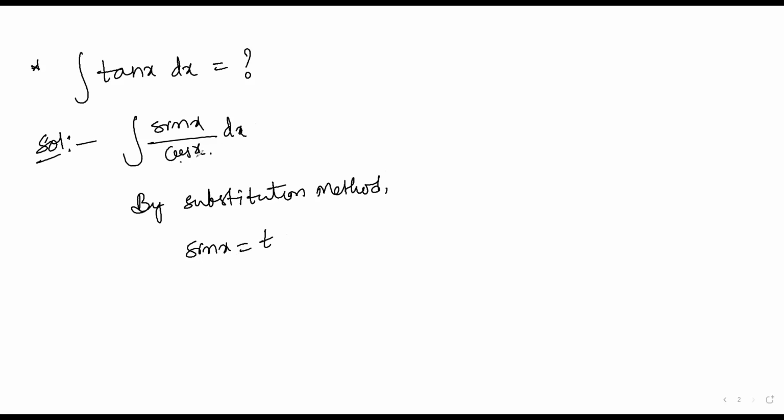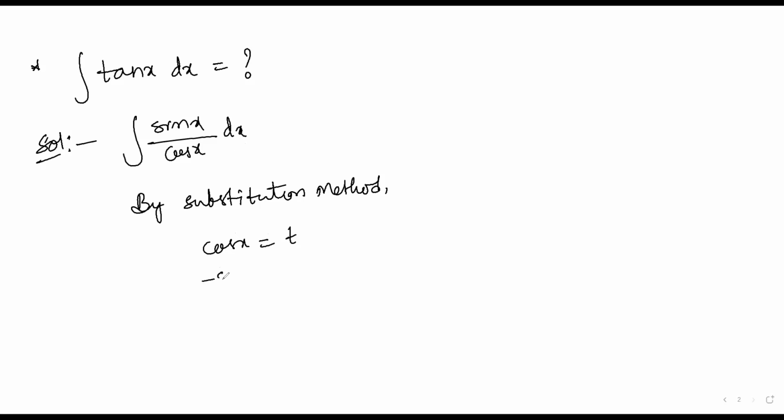Cos x is in the denominator and dx is in the numerator. You can't do that. What you should do is take cos x as t.